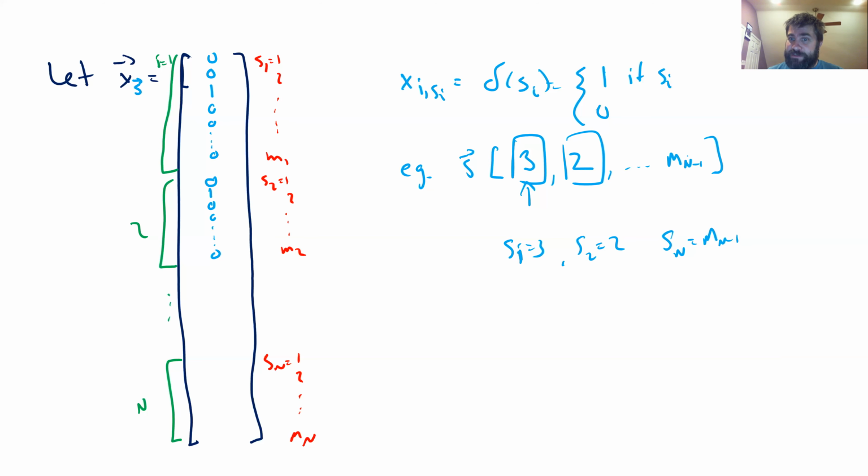The last position, the choice we made was 1 before the last, so this would have a 0 at the last position, a 1 at the second to last position, and zeros everywhere else. In each of these blocks, we have a single 1, everything else zeros. We have exactly one 1 in every block.